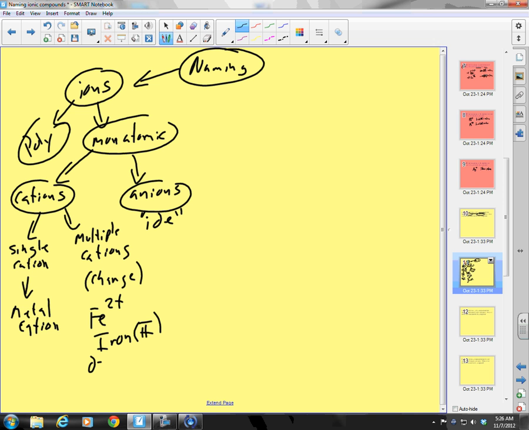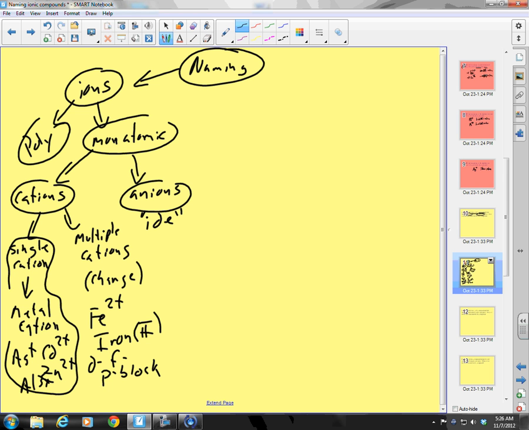Well, my D block, my F block, and my P block metals, by and large, with the exceptions of what? Silver is always +1, cadmium is always +2, zinc is always +2, and aluminum is always +3, right? And so these act as single cation elements, and we just write aluminum cation, or silver. We don't use the Roman numeral.